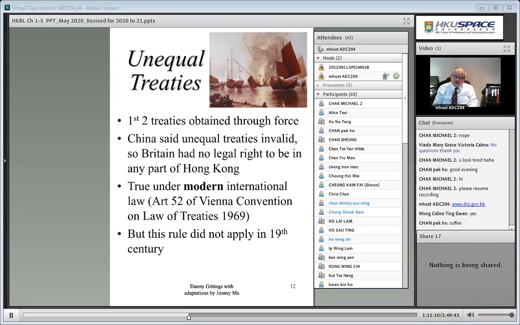So this is what I mentioned about the Vienna Convention. It was Article 52. But of course, at the time when these treaties were entered into, this concept of unequal treaty didn't come in yet, and in those days it still remained, if you like, a moot point, a debatable point.